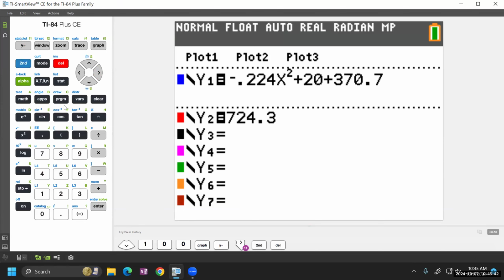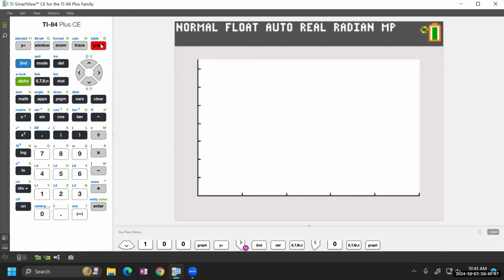I think I've inserted it in the wrong place. We'll find out. I did. So 20x. I just needed an extra space in there. Does that look correct now? I think that's good. Let's see what the graph looks like now. That's better.